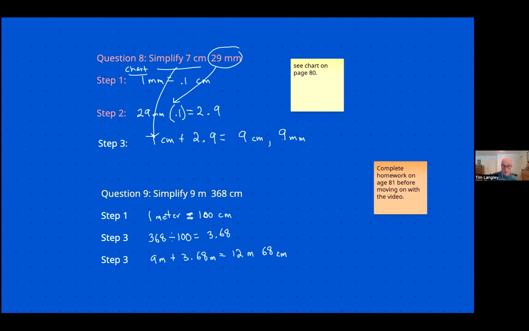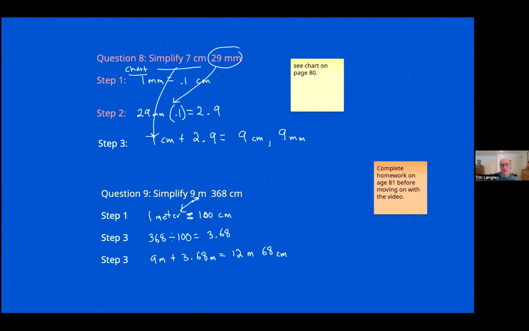Okay. Well, 1 meter here, according to our chart, is 100 centimeters. Okay. Now this is where it might look a little bit tricky. So if I divide the 368 centimeters I have, notice I'm dividing now, because I'm trying to find out how many meters this is.